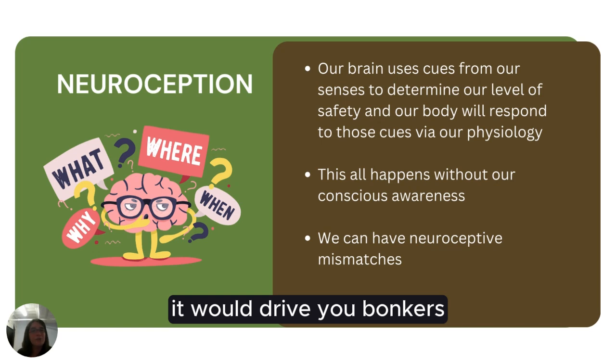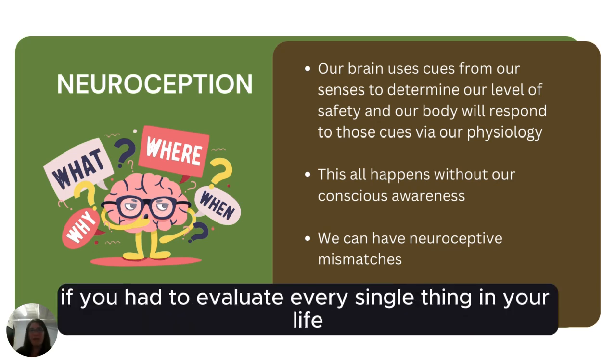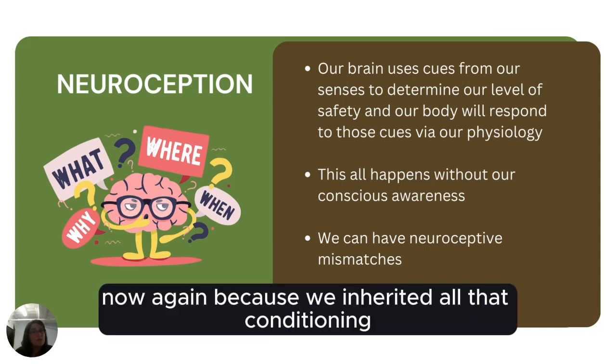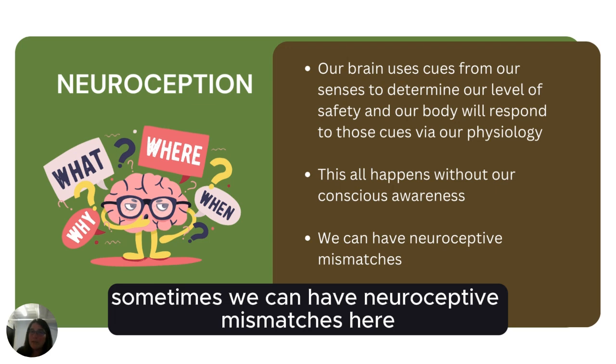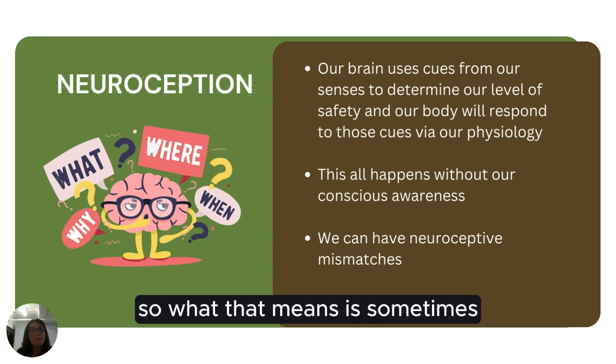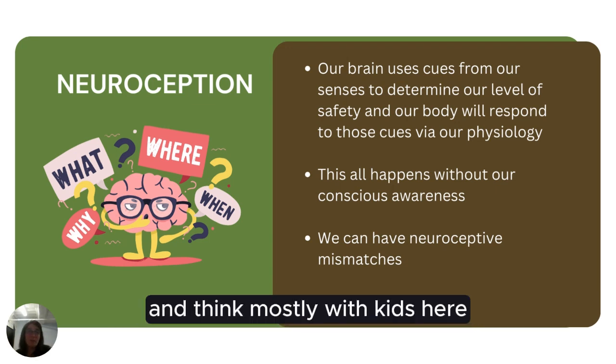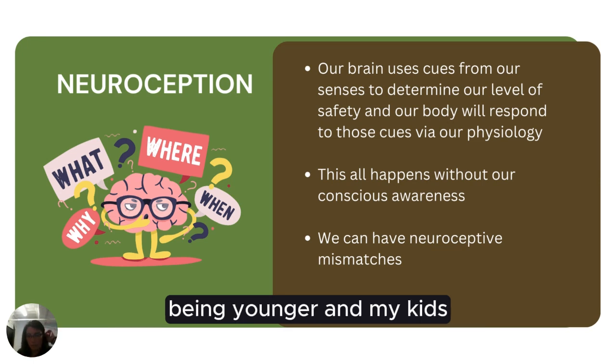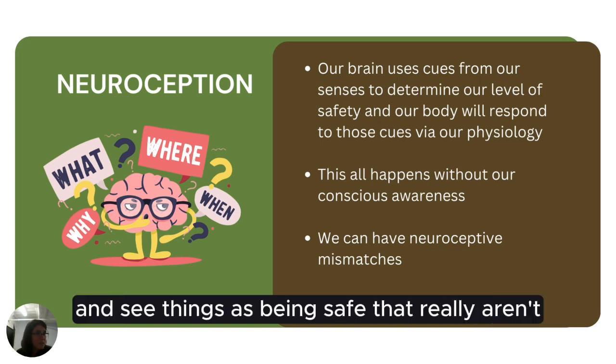It would drive you bonkers if you had to evaluate every single thing in your life as being safe or not. Now, again, because we inherited all that conditioning, sometimes we can have neuroceptive mismatches here. So what that means is sometimes, and think mostly with kids here, because I know personally from myself being younger and my kids, neuroception can mess up and see things as being safe that really aren't.